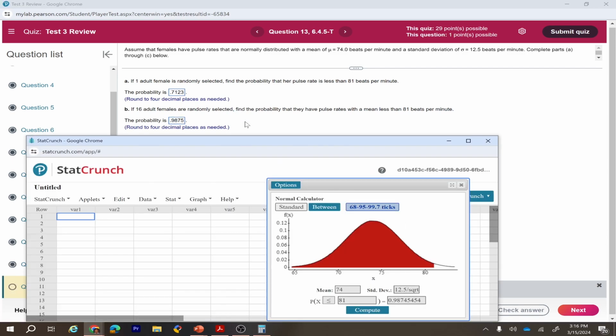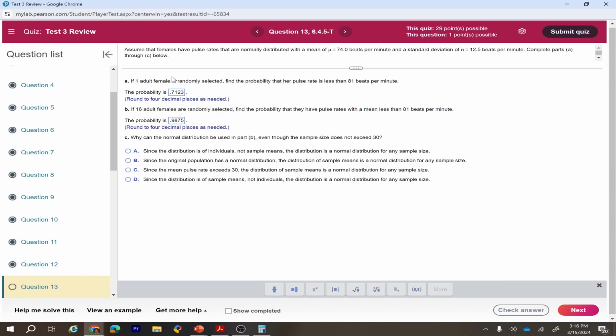This is for an individual person, and this is for a sample group of females. Why can the normal distribution be used in part B? Because the original population is normally distributed, so we can use the normal distribution for part B. Since the original population has a normal distribution, the distribution of the sample mean is also normal.